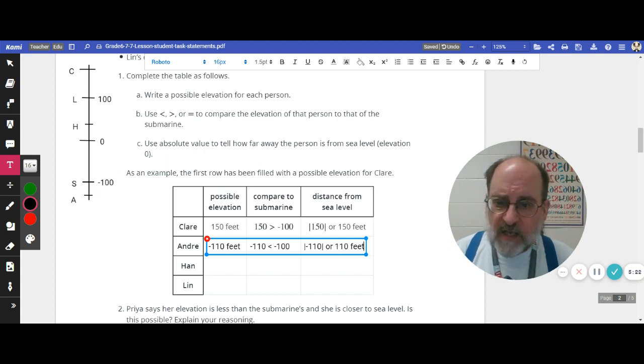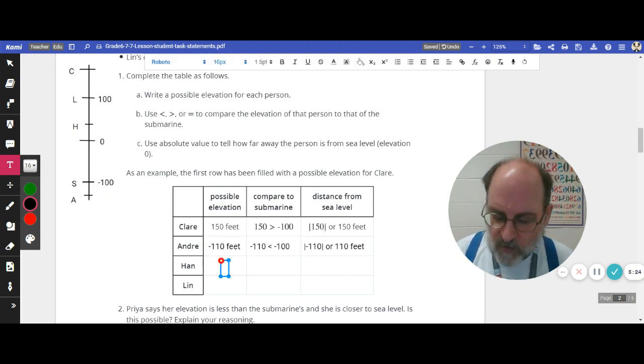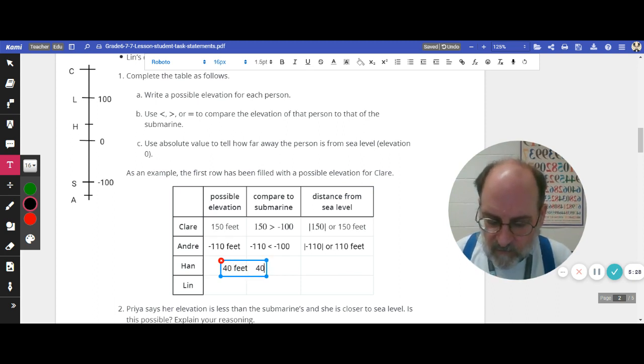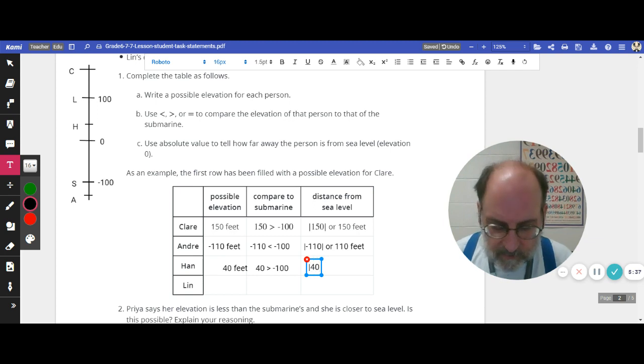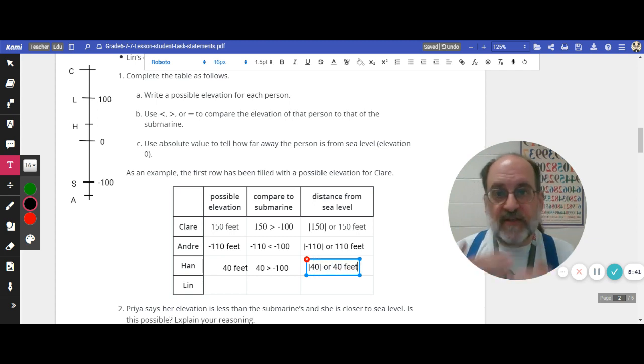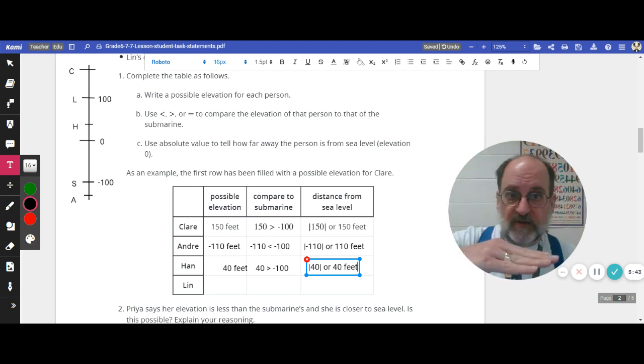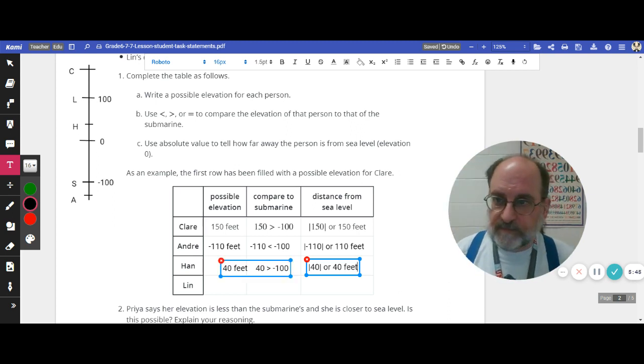Okay, Han looks to be about 40 feet high. 40 is greater than negative 100, comparing it to the submarine. And the absolute value of 40 is the same thing as 40 feet. The distance from Han down to sea level is 40 feet.